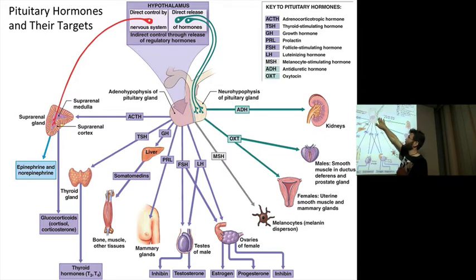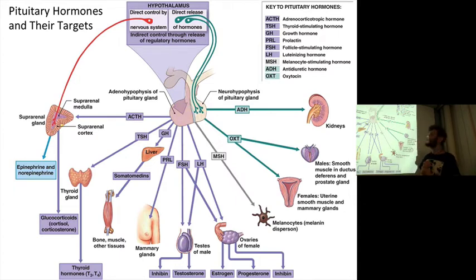The third method is via the neurohypophysis, direct neuronal stimulation of the neurohypophysis by the hypothalamus. Okay, so method 3, and it's a method that's limited in scope. So there's either neurons that are going to stimulate the production of antidiuretic hormone. We covered antidiuretic hormone just a little bit in that one renal lecture.